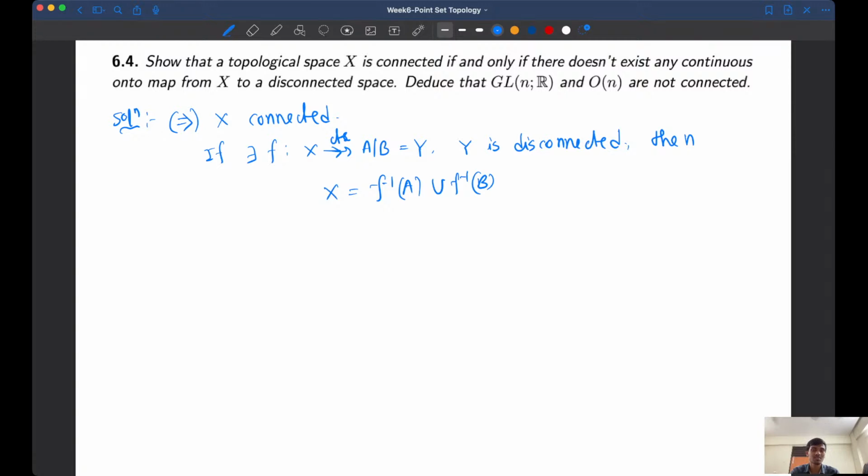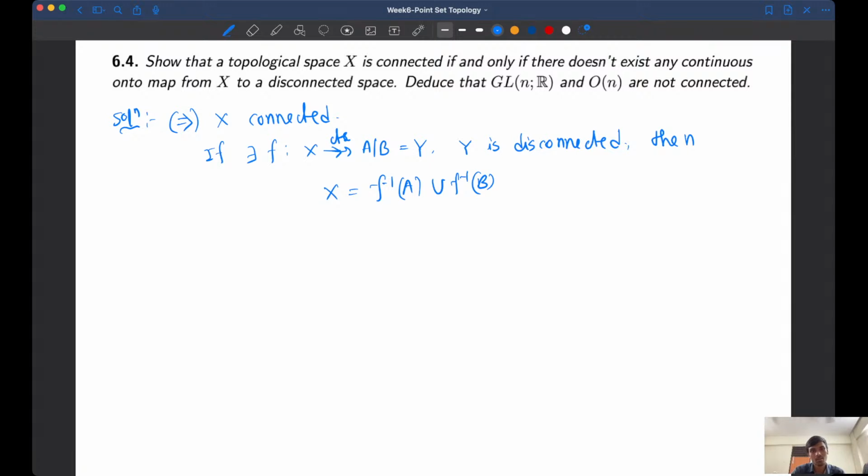And as f is onto, that's why I can write the whole f inverse of Y as X. So ontoness is needed to show that f inverse A and f inverse B both are not empty, right?